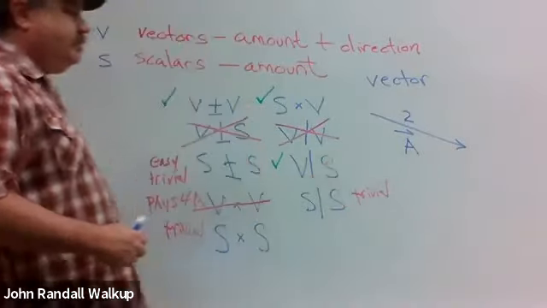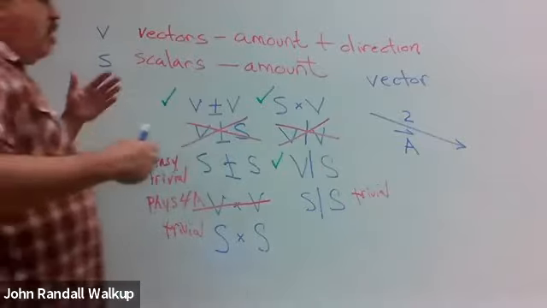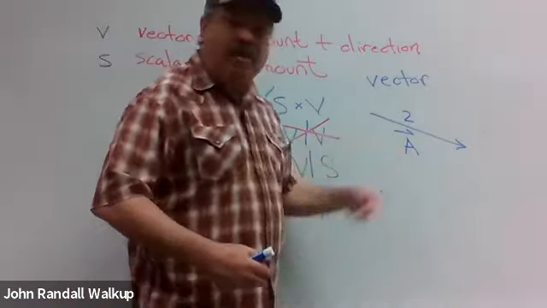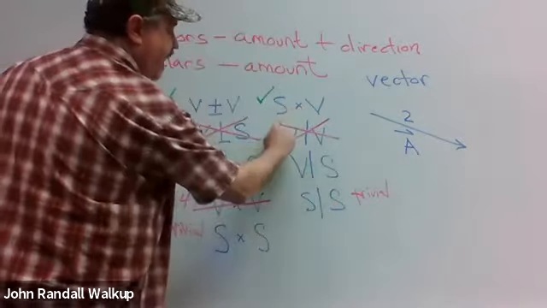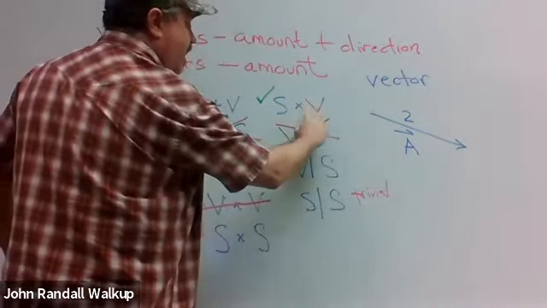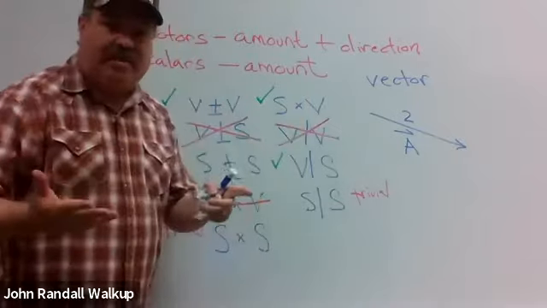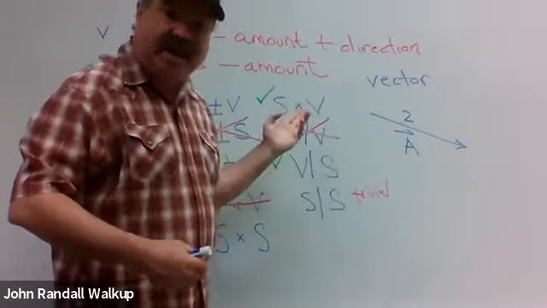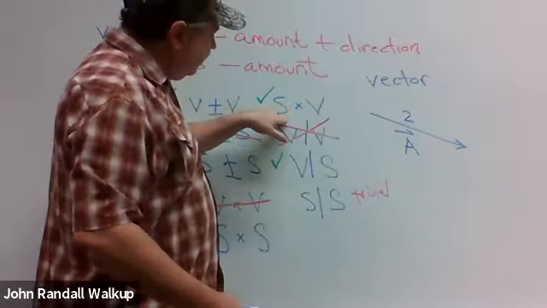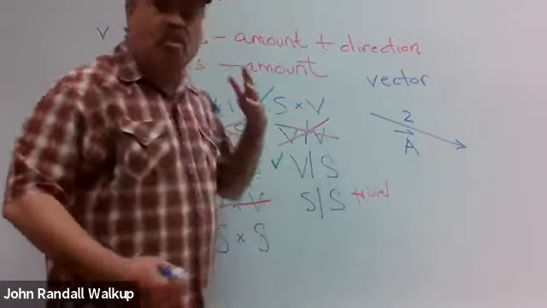Simple. Now, what happens if we take A and we multiply it by a number? A scalar, which is a number, or a variable, but it's not a vector, it's just a quantity, an amount. We take S and we multiply by the vector, what happens?